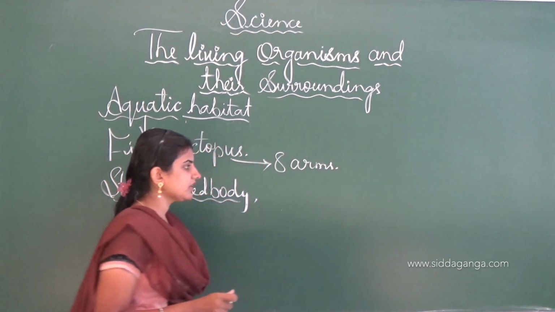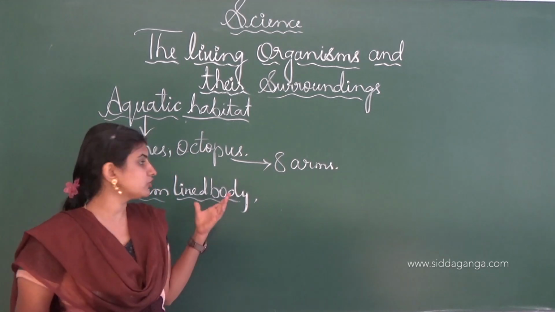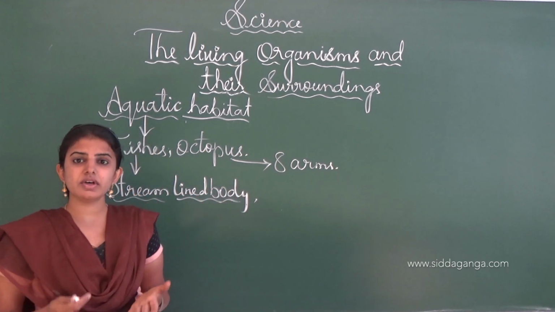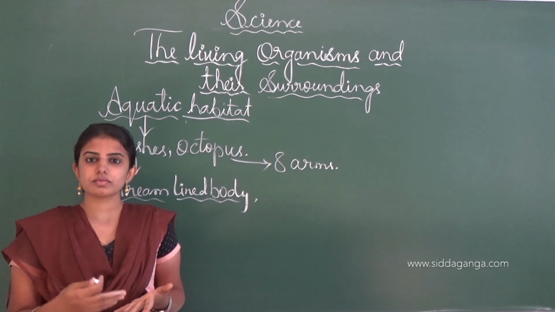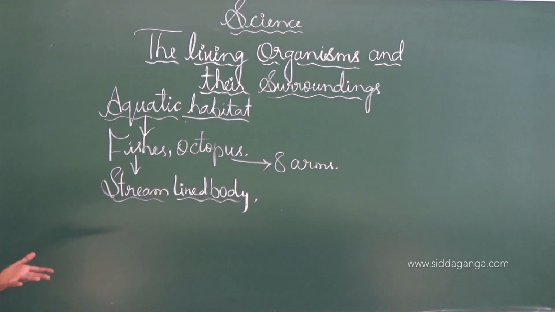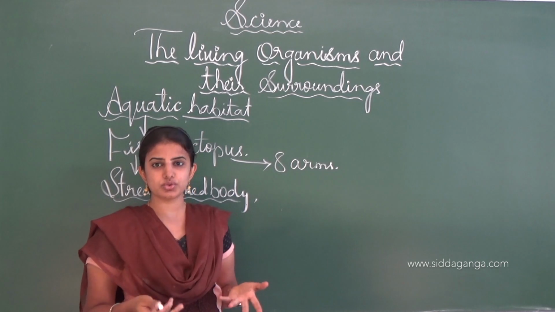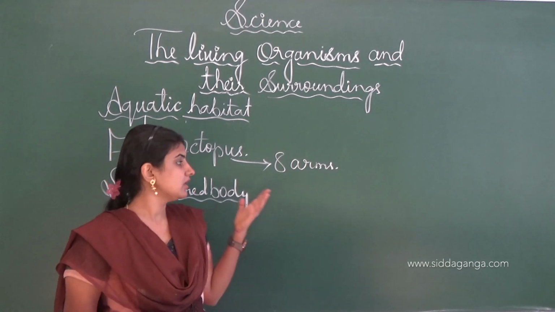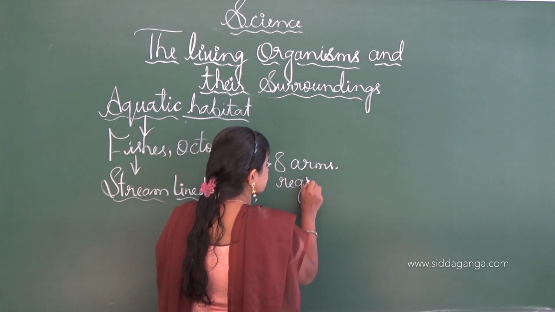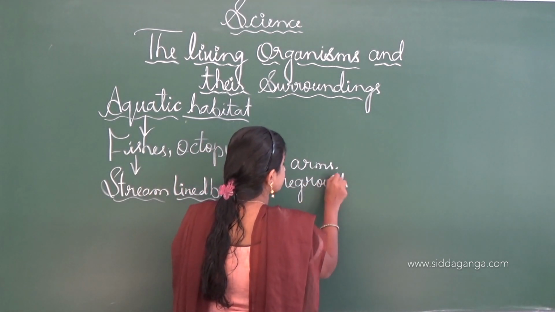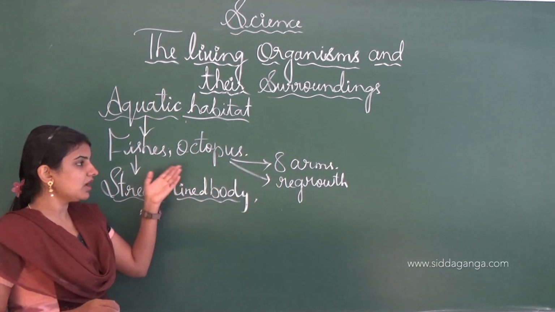See, the octopus has 8 arms, and one of the special features present in the octopus is that if any arm is cut down from the body of the octopus, then after 2 to 3 days, or after a few days, the regeneration of the arm takes place. A regrowth or regeneration of the arm takes place, and this is one of the important special features present in the octopus.